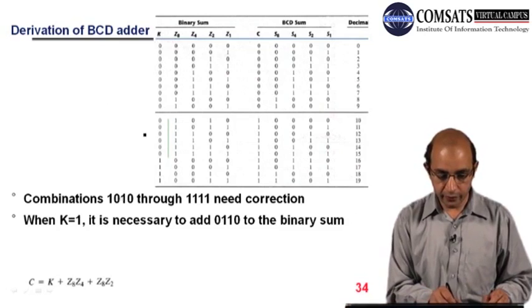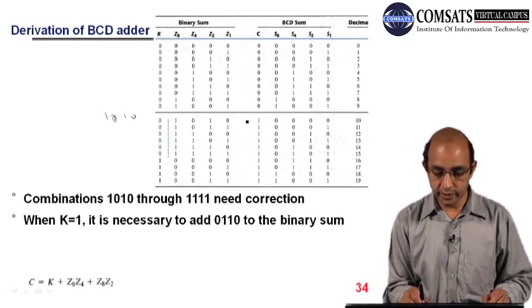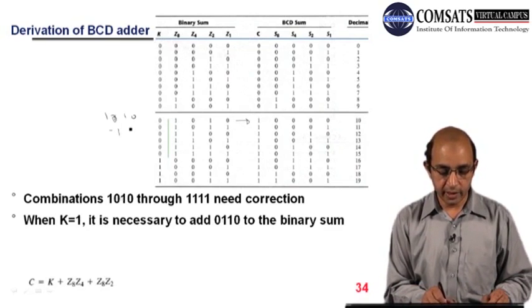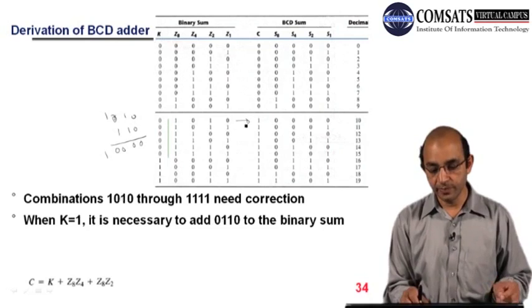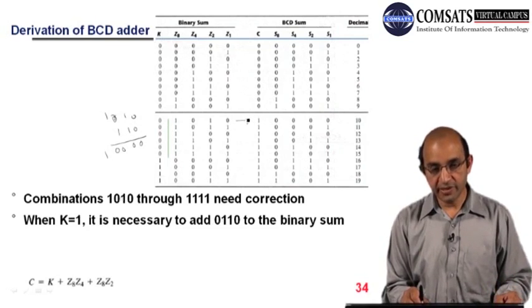So here if you have 1 0 1 0, and you have to make it equivalent to the corresponding position, what you will be doing is adding 6, 0 1 1 0, and then we have 0. So this is the carry. You can see that we have the matching over here.